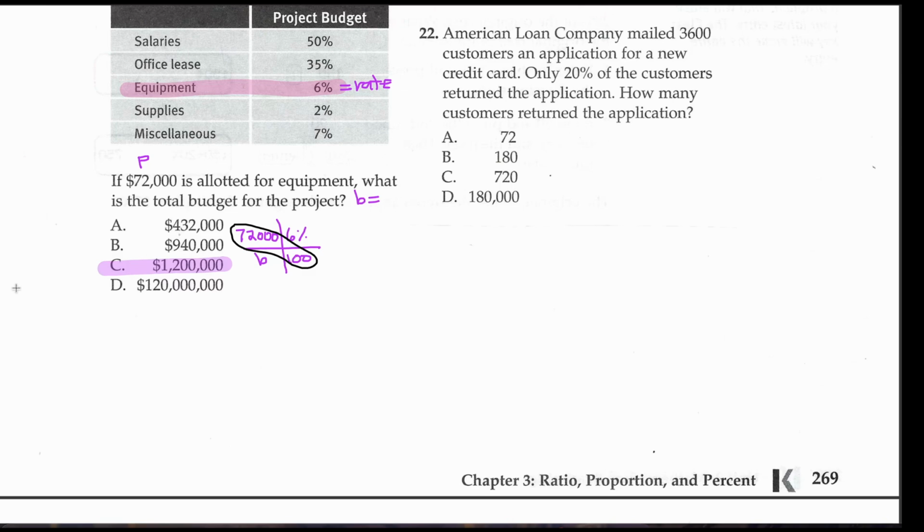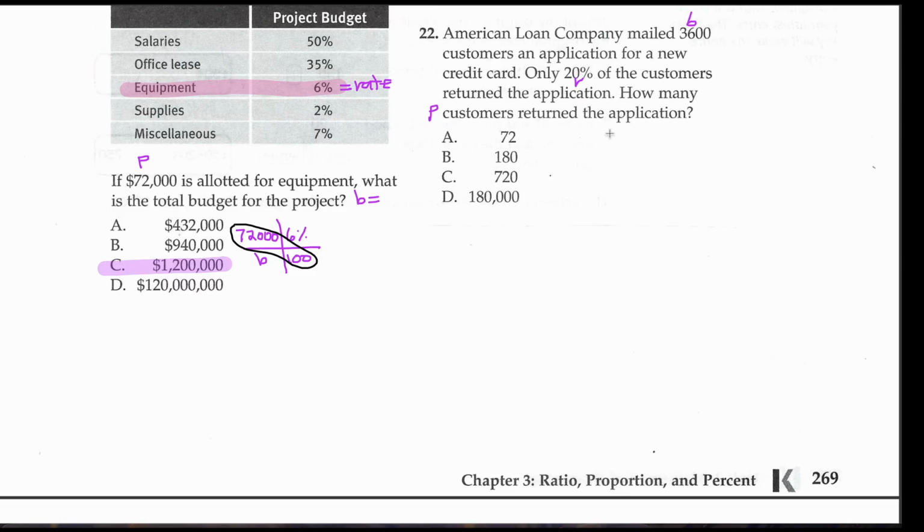So let's identify what is the 3,600 customers. That's the base. And only 20% of the customers returned. That is the rate. So we don't know the part.